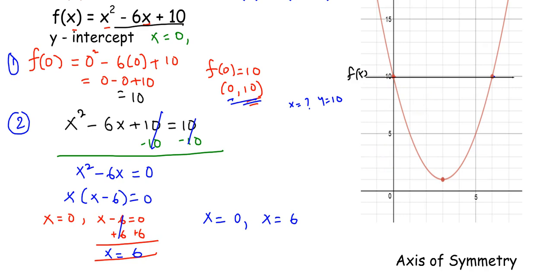Those are the two values of x for which y becomes 10. See, this is a 0 and the other thing is a 6. This coordinate here, x value 6, y 10, and over there x 0 and y 10.